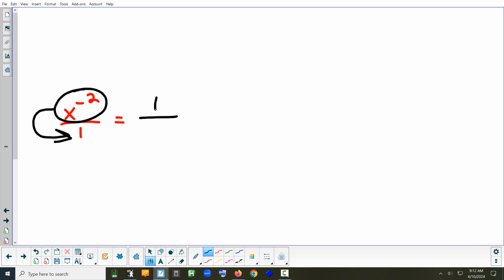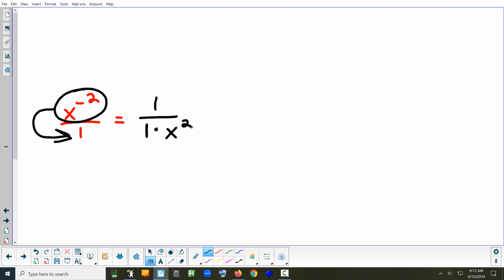What was already in the bottom before we move anything? 1. There was a 1, so we're going to put that. We're going to put a multiplication sign. And what are we putting now in the bottom with it? X to the power of negative 2. And when we move it to the bottom, it's going to become x to the second power, positive 2.